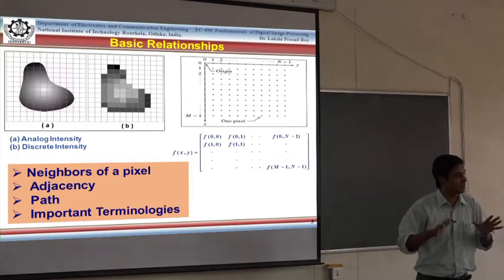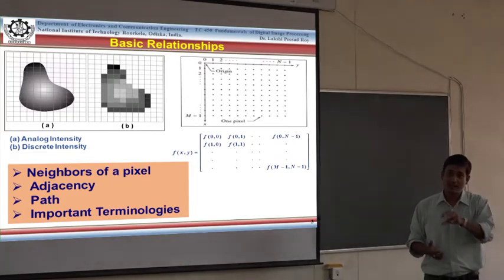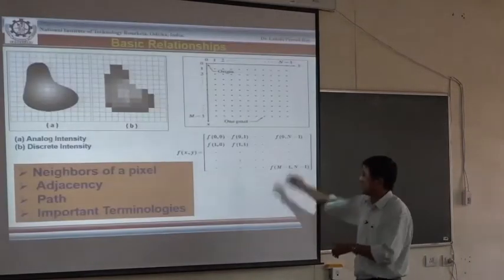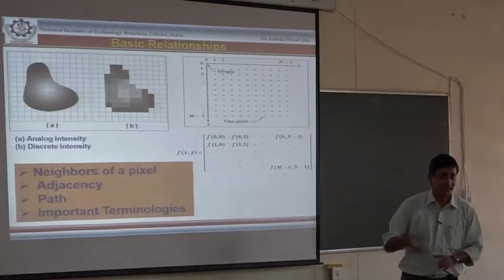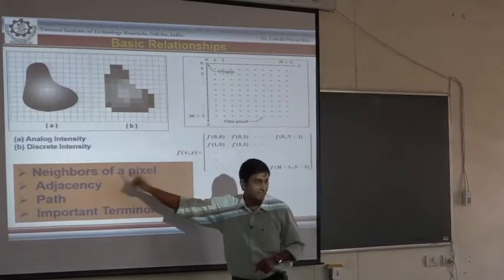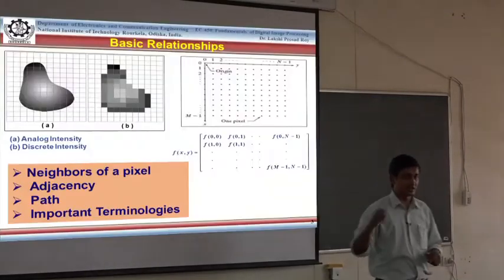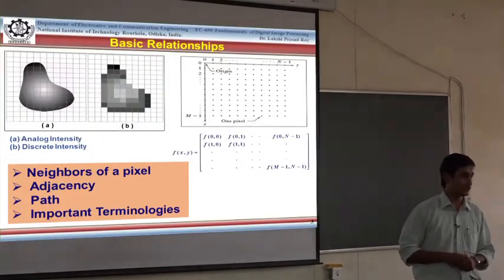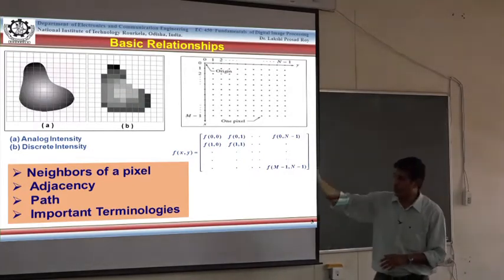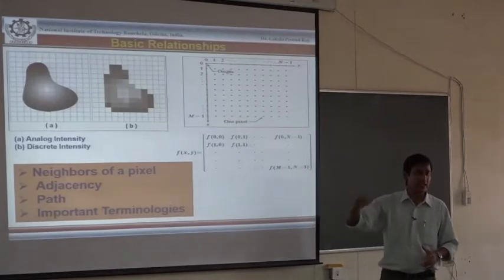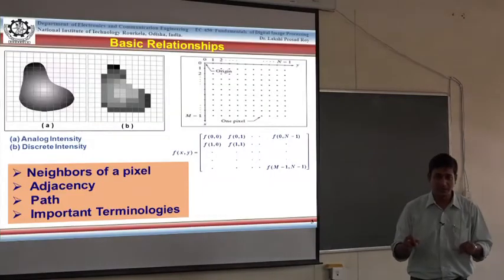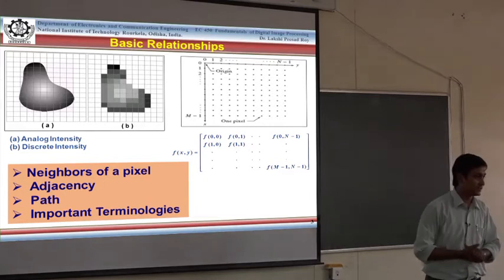Many criteria can be fixed for defining the characteristics of the pixel with respect to its neighbor. So one term is adjacency, which we will define after this, and how adjacency is found. Next, if these pixels are found and have intensity values, then I have found some relationship between them, how they are related.